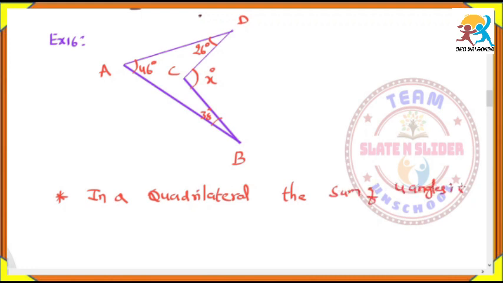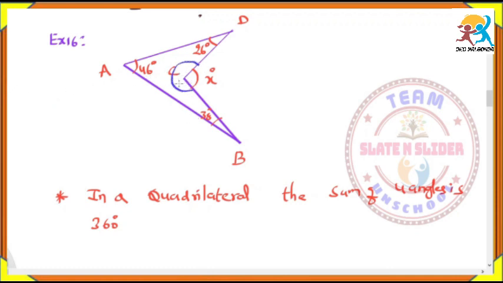So here we have to find out angle C. Angle C means not this side, the interior of angle C, this one, this is angle C, that we have to find out. Let us suppose that is y.